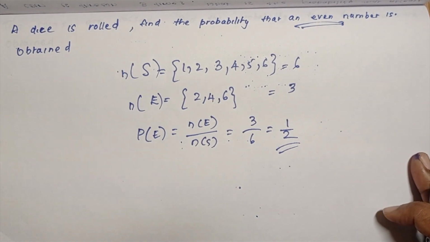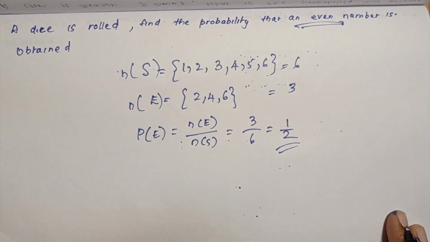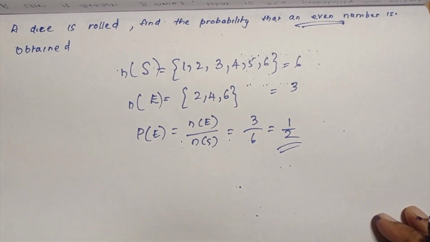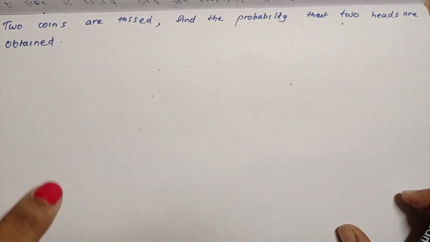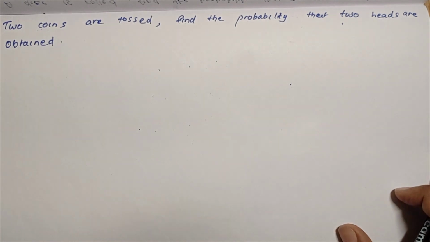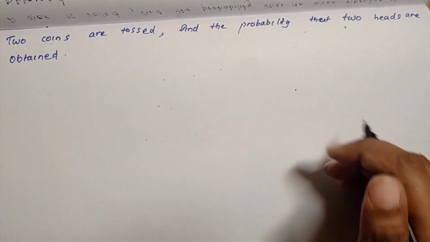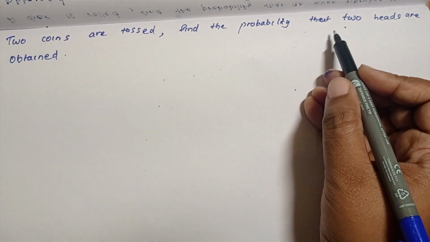And here I am just explaining the basics of probability, and later on in upcoming videos I will be explaining more complicated probability examples. Now the last one that I want to discuss in this video is: two coins are tossed, and find the probability that two heads are obtained.